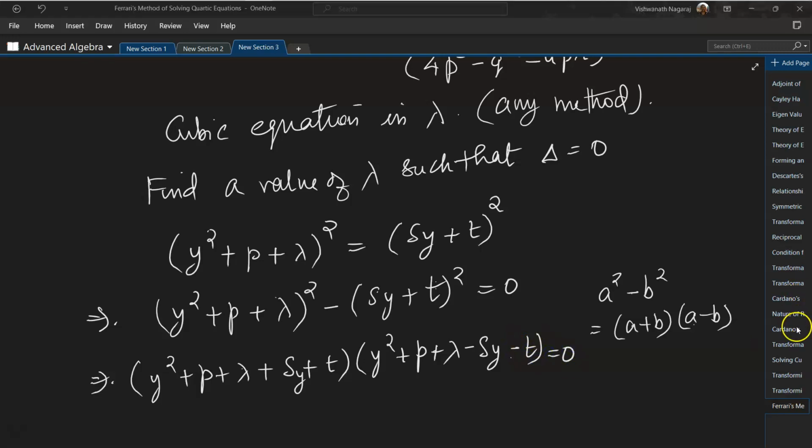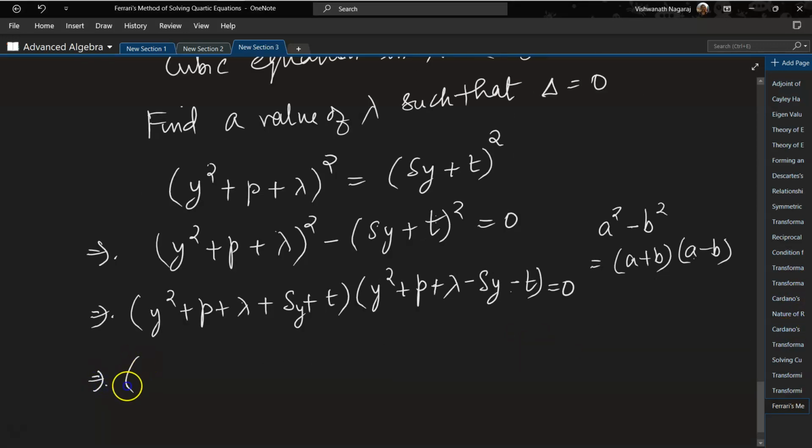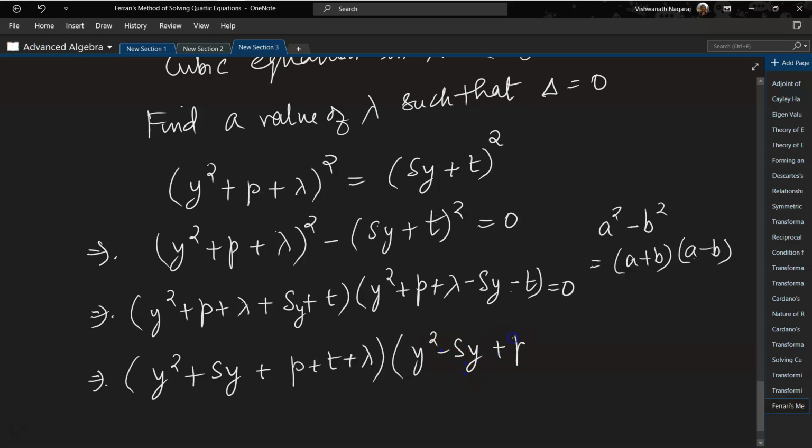Now let's take it one further step. Okay, so this can be written as y square plus sy plus p plus t plus lambda times y square, no, not plus, minus sy plus p plus lambda minus t equal to 0.